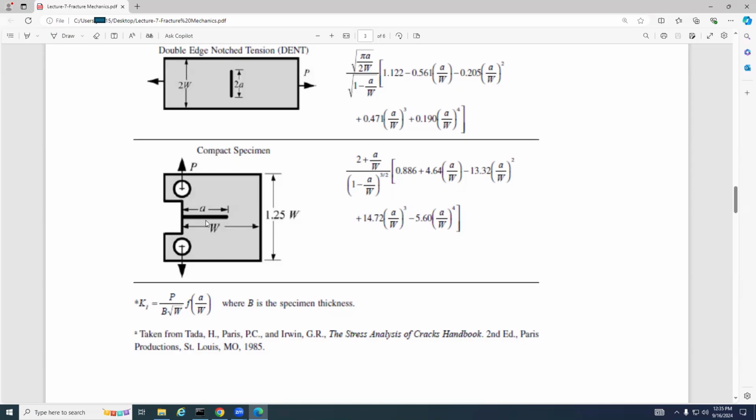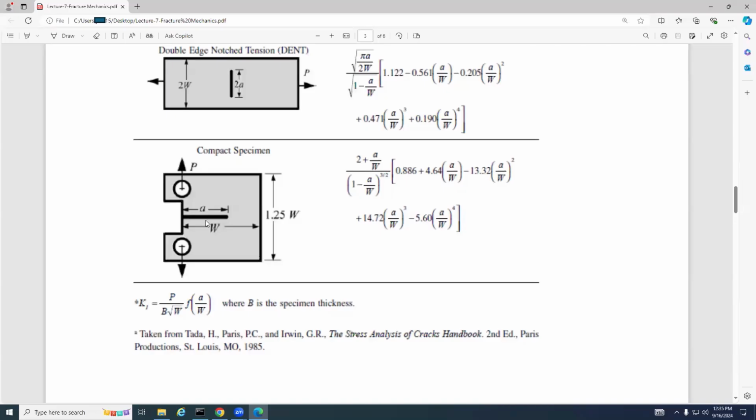So I want you guys to keep this in mind and pay more attention to it. Also, when we build the FEM model, guys, look at me please. When you build the FEM model, because of the symmetry, we only focus on either the upper portion or the lower portion.